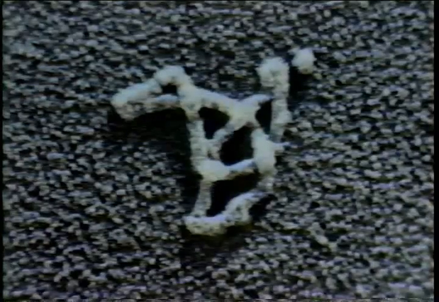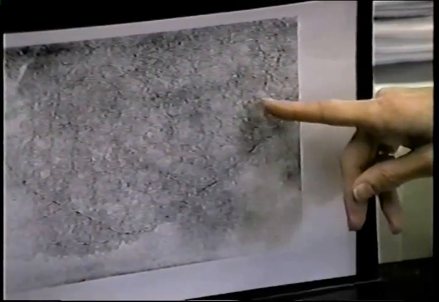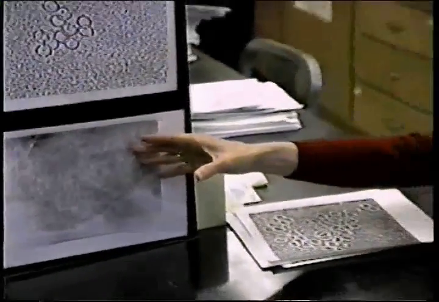These pictures are pictures of knots of DNA that were taken by an electron microscope. How does it replicate? What happens is this entire array doubles its size.